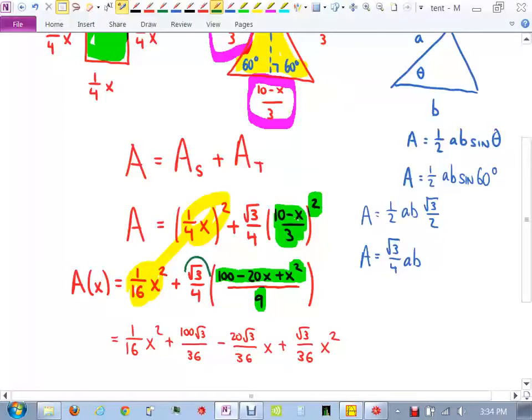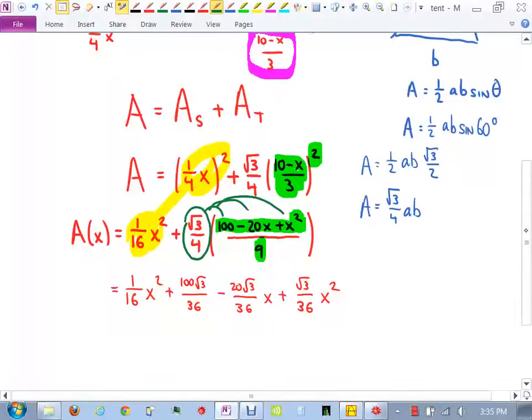So there I took the root 3 over 4, I distributed it to each of those, and then I divided each of those by 9. I'm doing all that because I'm trying to get it to something where it's going to be easy to take the derivative. I could have taken the derivative before, but I'm cleaning it up a little bit.